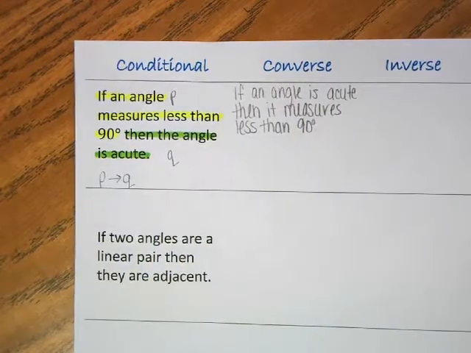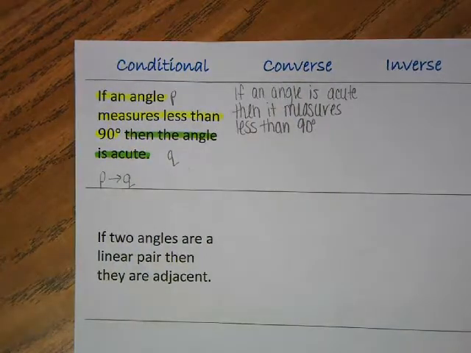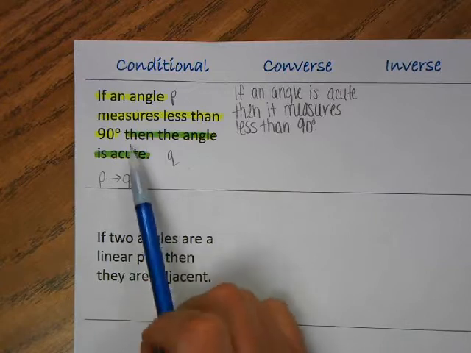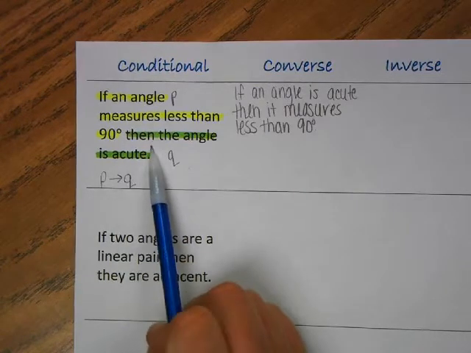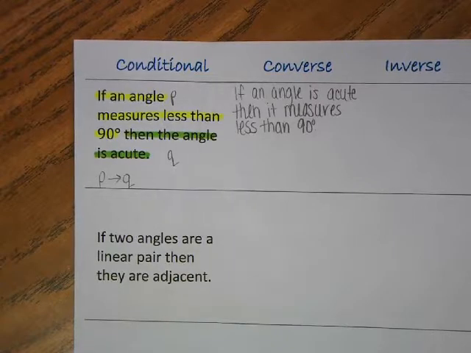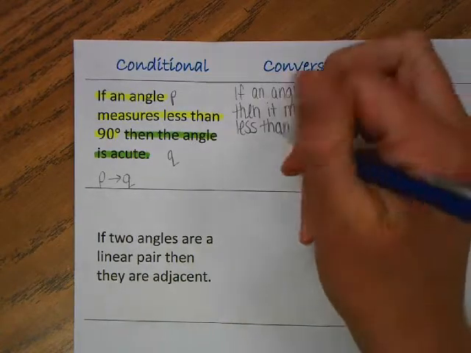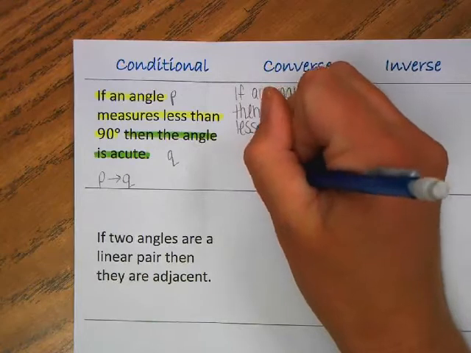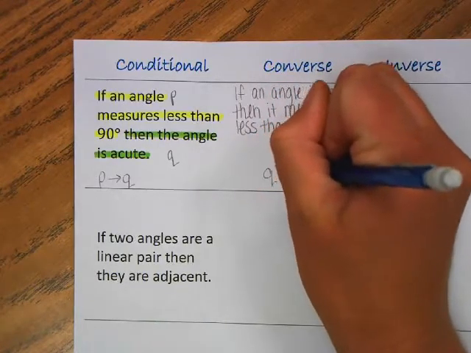There you go. So again, you're flipping the hypothesis and conclusion. Now your conclusion is going to come first, your hypothesis is going to come second. And remember, this is Q, then P.